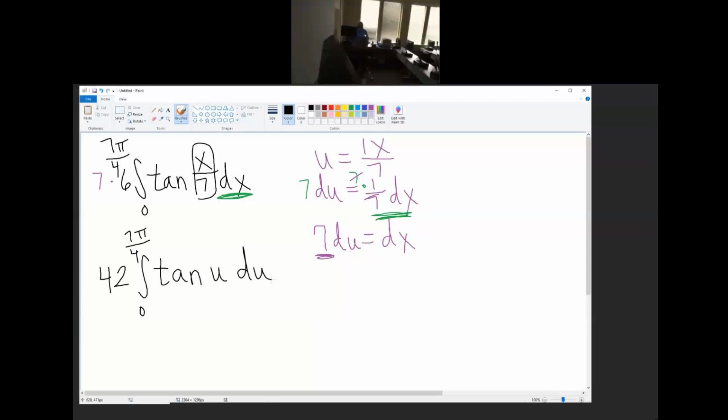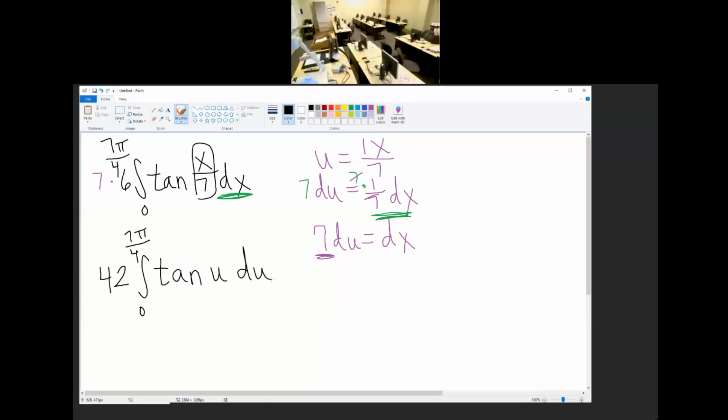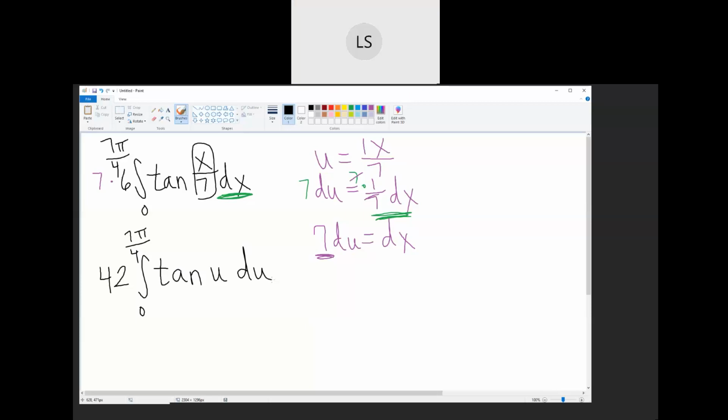Any questions about the substituting part? So whenever it's a fraction, we just multiply to get dx by itself? Right, it's usually, yes, sir.